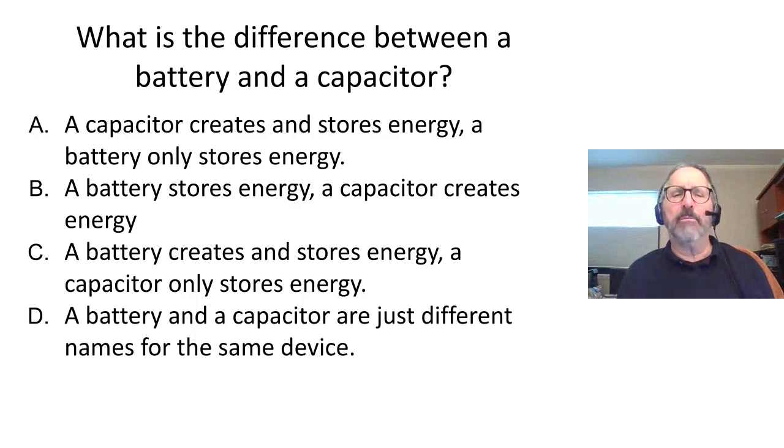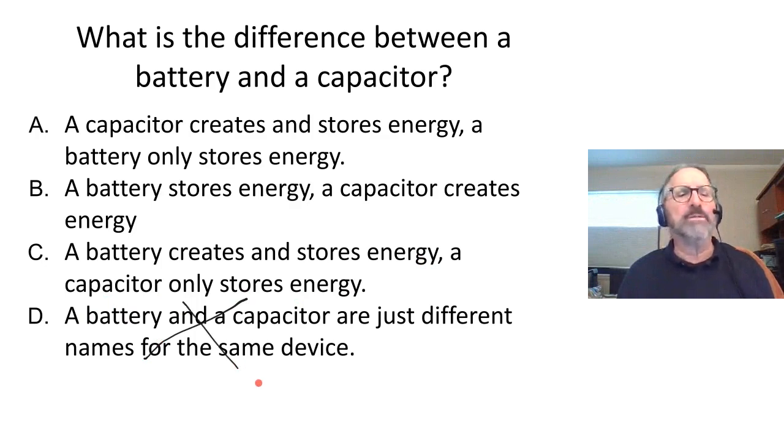So we talked about batteries and we talked about capacitors. Did I say a capacitor creates and stores energy and a battery only stores energy? Did I say a battery stores energy and a capacitor creates energy? Did I say a battery creates and stores energy, capacitor only stores energy? Or a battery and capacitor are different names? That's not true.